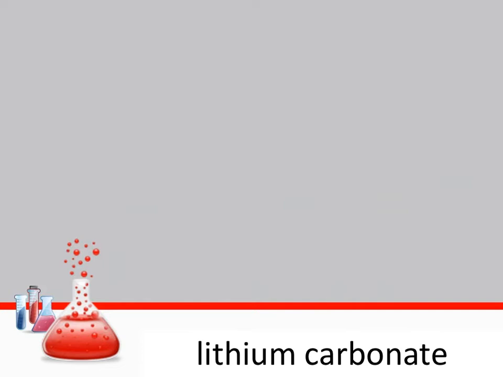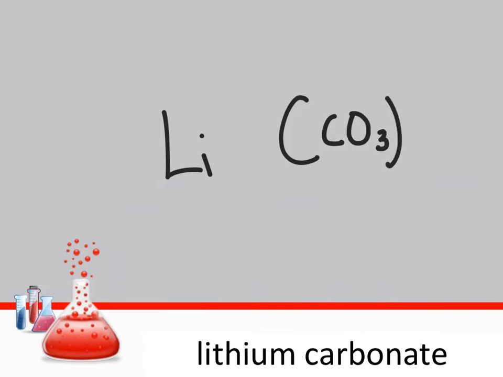Lithium carbonate. So lithium is a metal, so I'm dealing with ionic. I need to know charges. Now guys, carbonate is on the back of your periodic table. So you're going to look on the back of the periodic table, find carbonate, and write it exactly as it shows you. And it also has already provided you the charge.